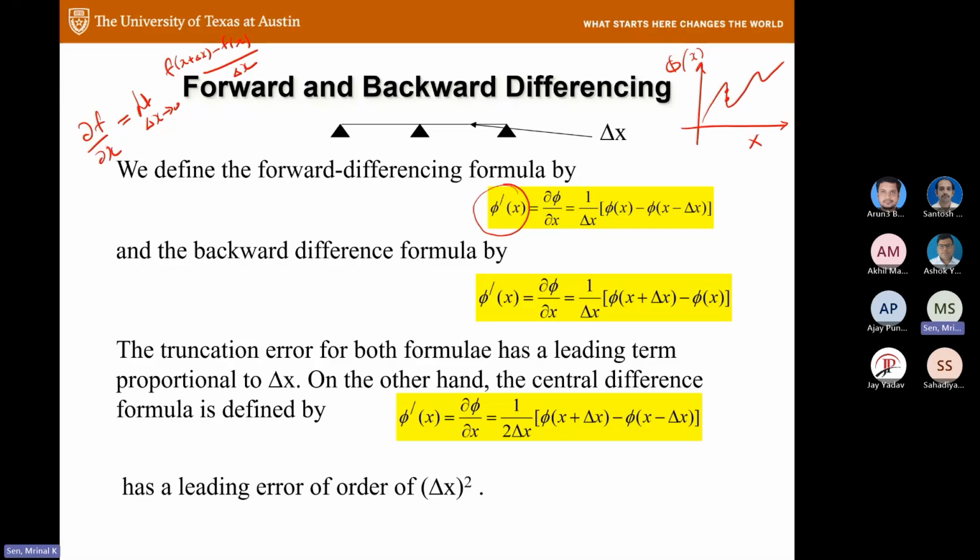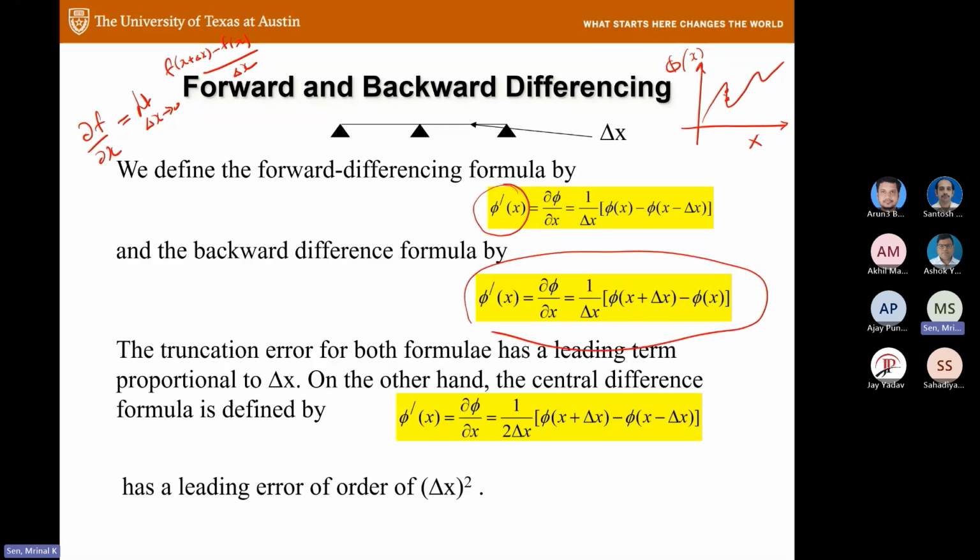So backward differencing is when you say that I'm looking at a point which is x here and x minus delta x is a point back, behind it. But you could also use a point ahead of it, and that would mean you get a difference like this.